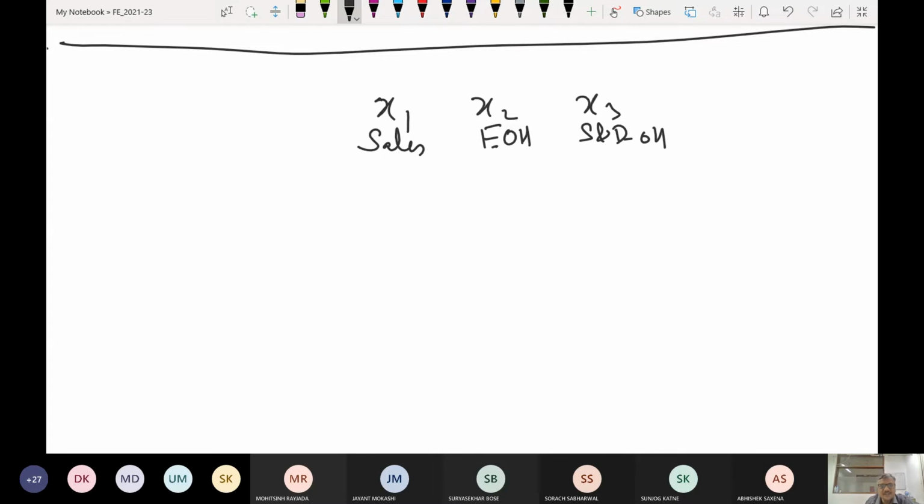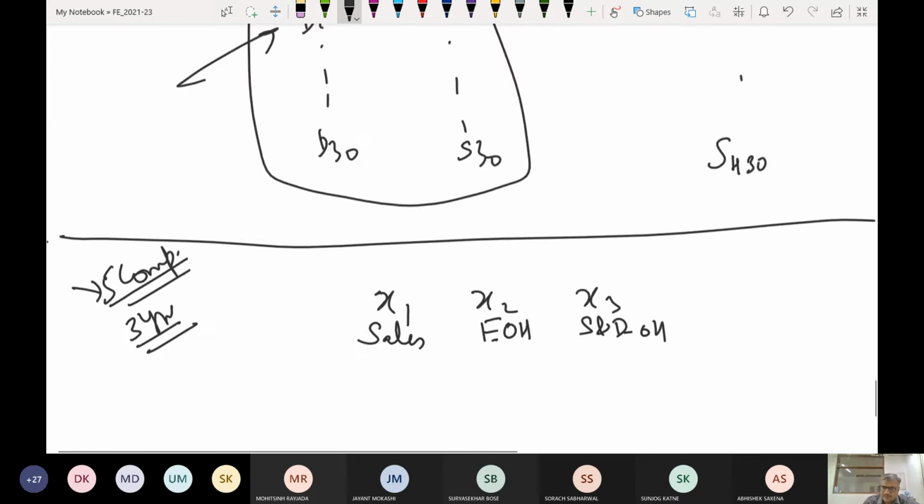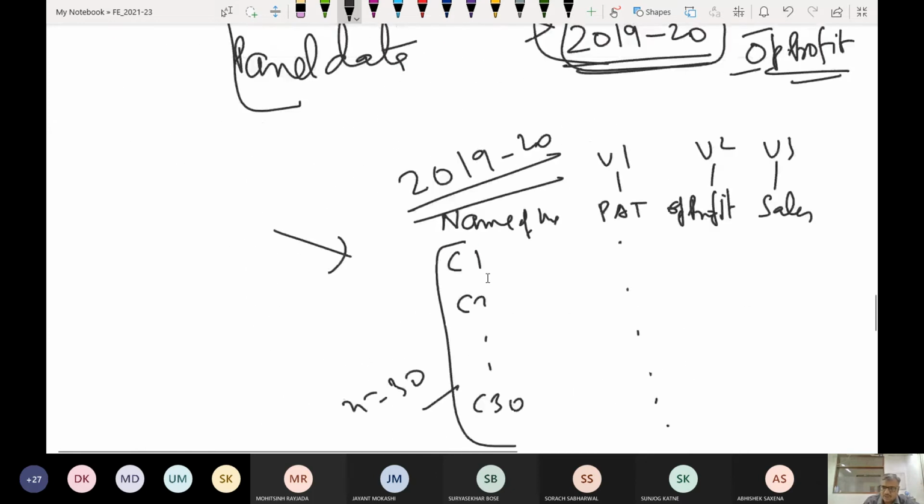This is operating. Now, if I'm putting data in one format, I can change the format. I'll show you both formats. Let's say I'm talking about 5 companies, and 3 years time period. Five companies comes from the cross-sectional data, where we talked about 30 companies.